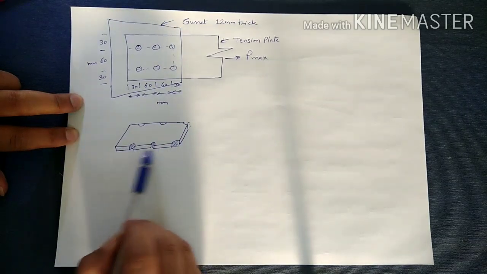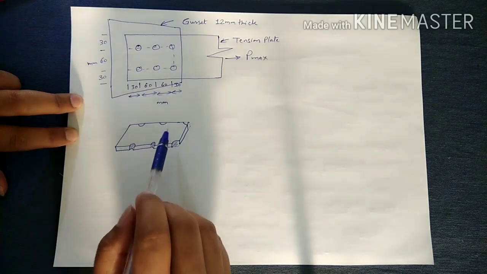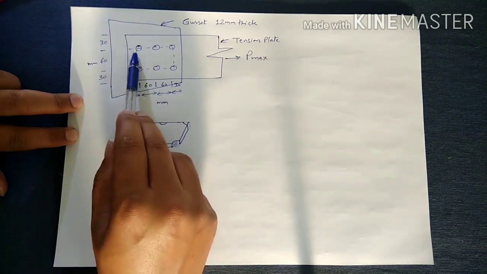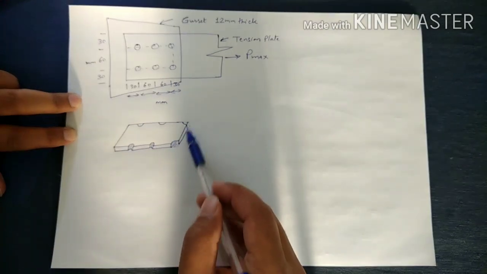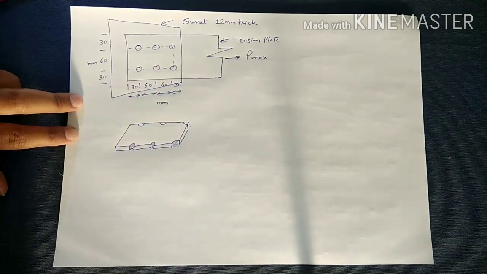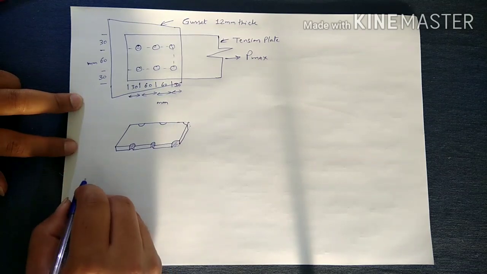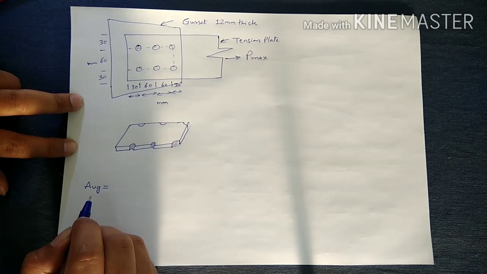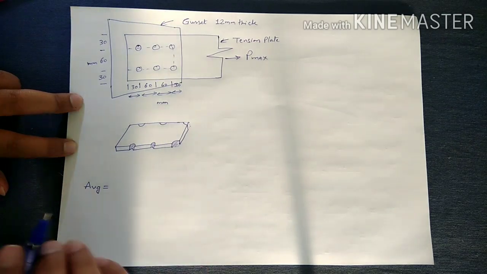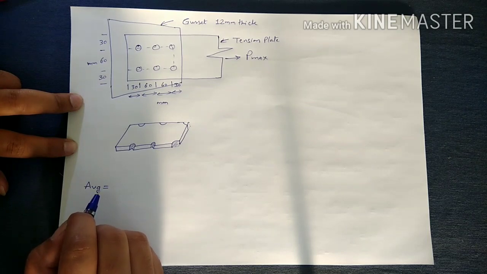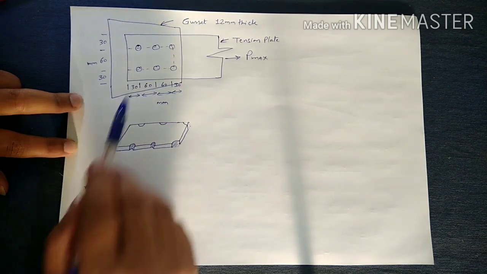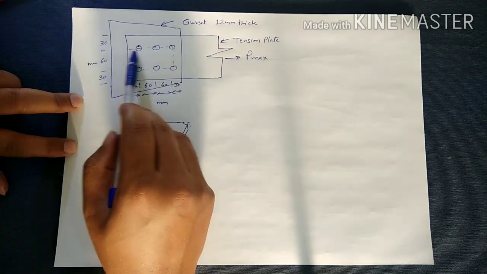I am showing this portion as this, and this portion as this, and this portion like this. So first we have to find AVG, that is gross shear area. When we say gross, we consider that there are no bolt holes. You can see that there are two planes of shear, this one and this one.